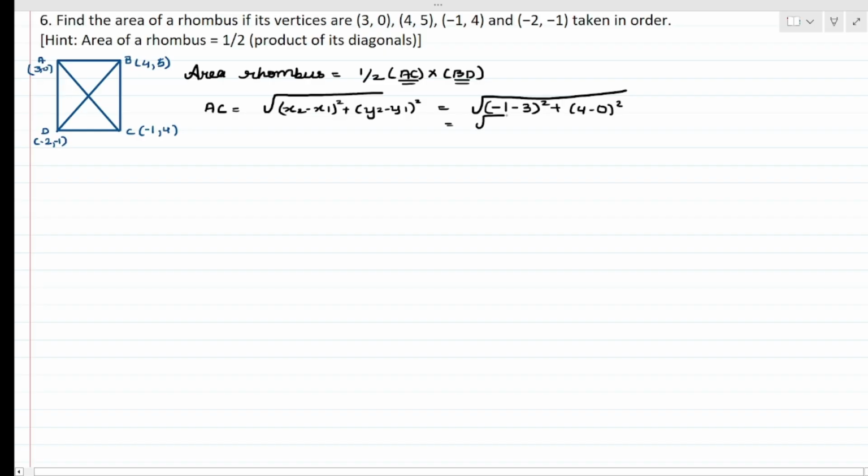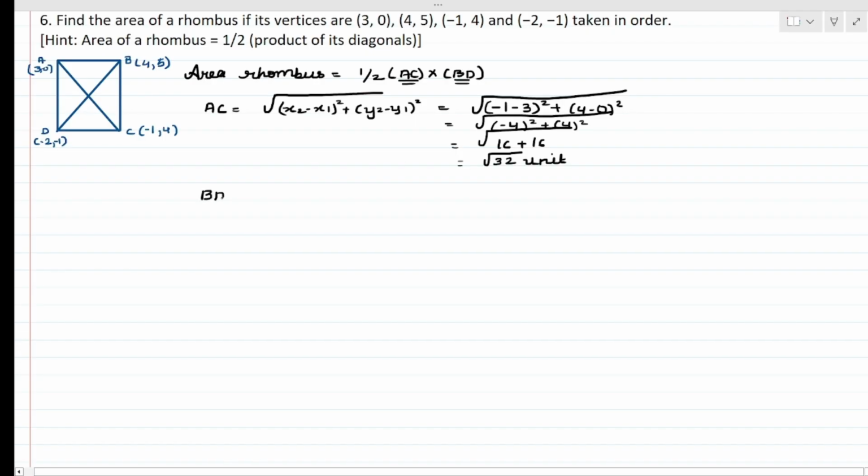That means under root (-4) square plus 4 square, which is 16 plus 16. That becomes under root 32. So the value of AC is under root 32 units.